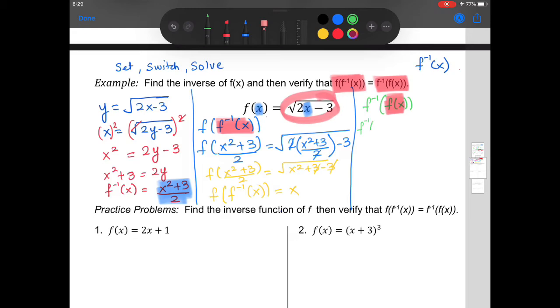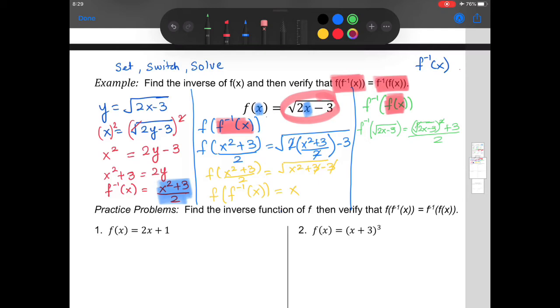I'm going to substitute f of x with its original function, square root of 2x minus 3. And I'm going to go to my inverse function, and wherever I see x, I am going to write square root of 2x minus 3 squared plus 3 over 2.